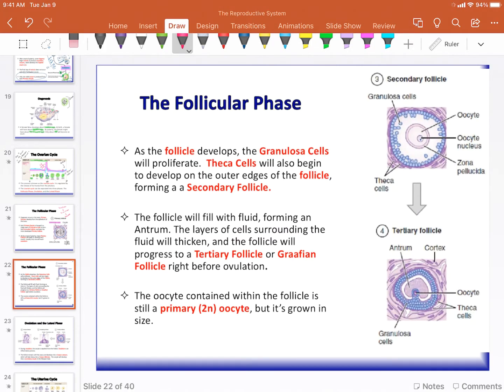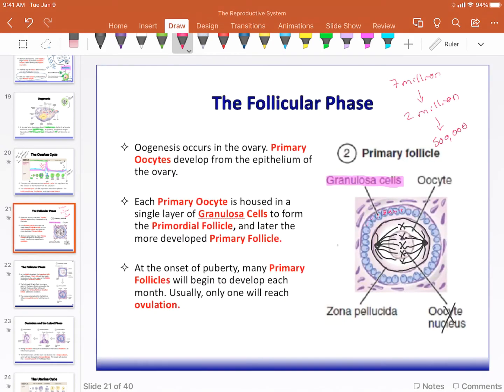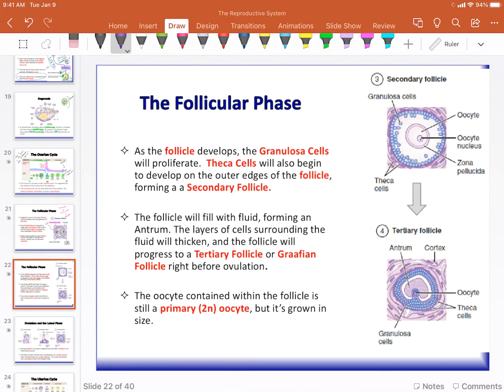So what hormone are we dealing with? Well, actually, let me go back up here. These cells, before progression, are going to just sit like this. And then when the hormone FSH comes along, and at first follicle stimulating hormone levels are low, but as this low level of FSH binds to receptors found on those granulosa cells, those follicular cells, those cells are going to begin to develop.